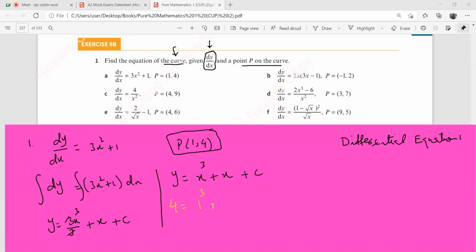This is 1 cube plus 1 plus c. So we have c equal to 2. Therefore, the equation of the curve is going to be y equals x cube plus x plus 2.